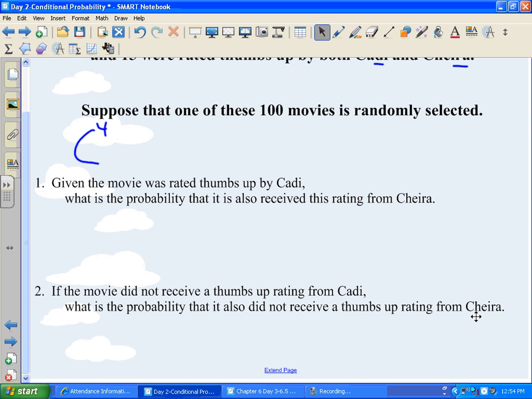So, writing the condition, that's the hard part. Remember, the condition, the given, will come second. So, probability that Kira thumbs up and Katie thumbs up, given Katie thumbs up.